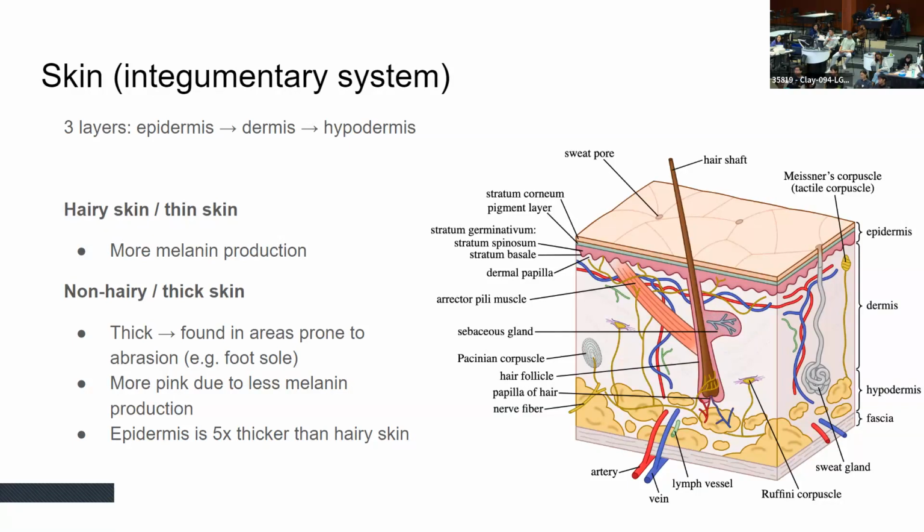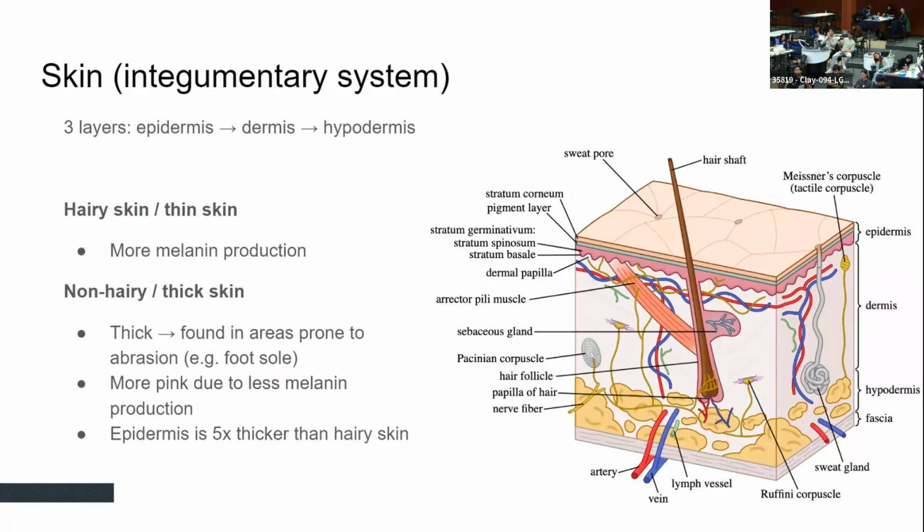And your thick skin or your non-hairy skin tends to be the minority. So on places that are prone to abrasion, for example, the soles of your feet and maybe your elbows and things like that. And the thing to note with your non-hairy, thick skin is that the epidermis is going to be 5 times thicker than any hairy skin, because obviously if you're going to have a lot of abrasion there, it's going to be thicker to prepare for that.